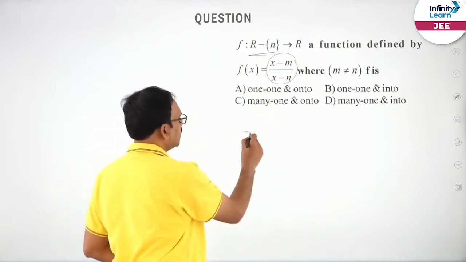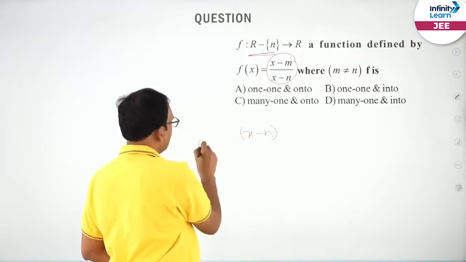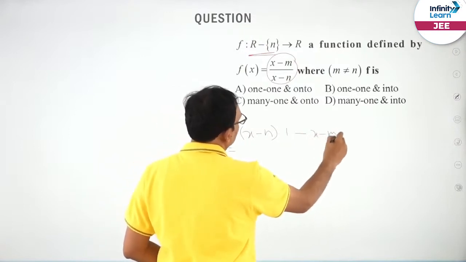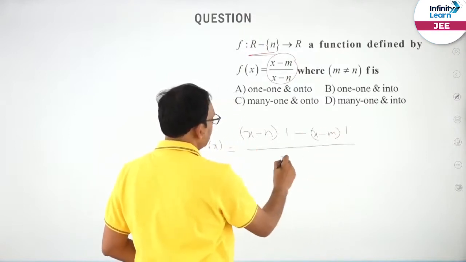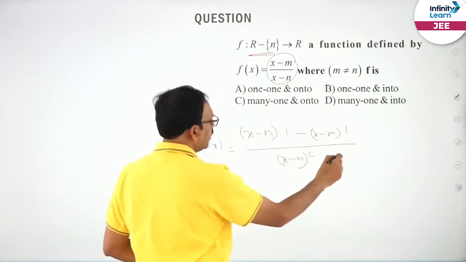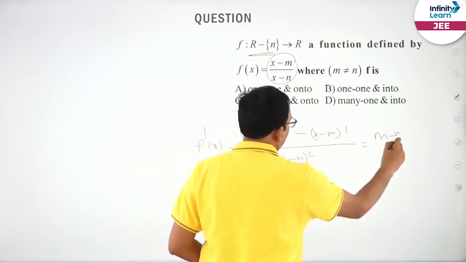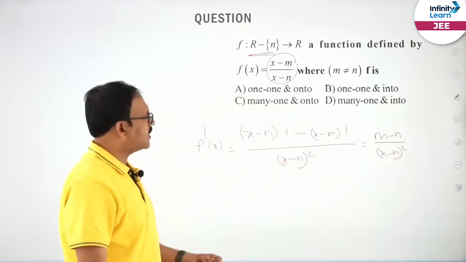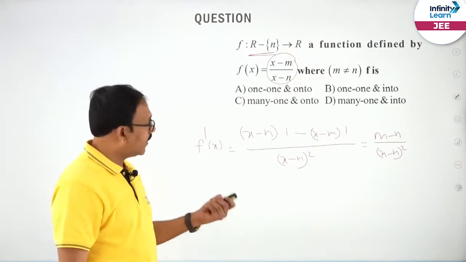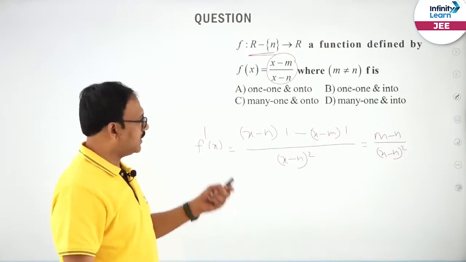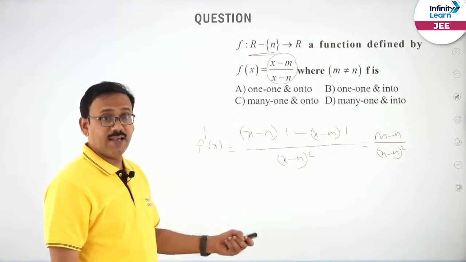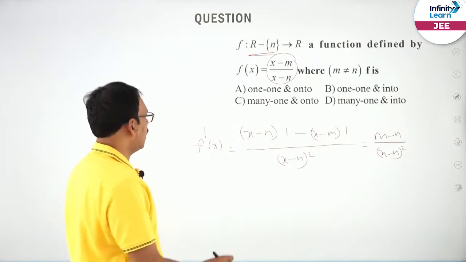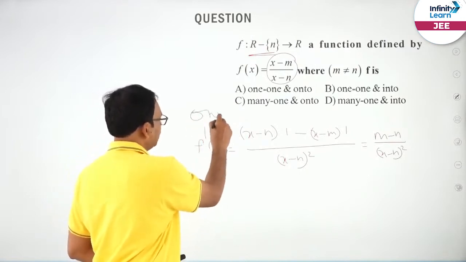Take the derivative friends, f dash x I am trying to find, derivative of u by v is v u dash minus u v dash by v square, which is going to be m minus n by x minus n whole square. You see, if m minus n is positive, it is always positive, if negative, it is always negative. So, it takes a definite sign, either always positive or always negative. So, it is going to be 1-1, undoubtedly it is a 1-1 function.